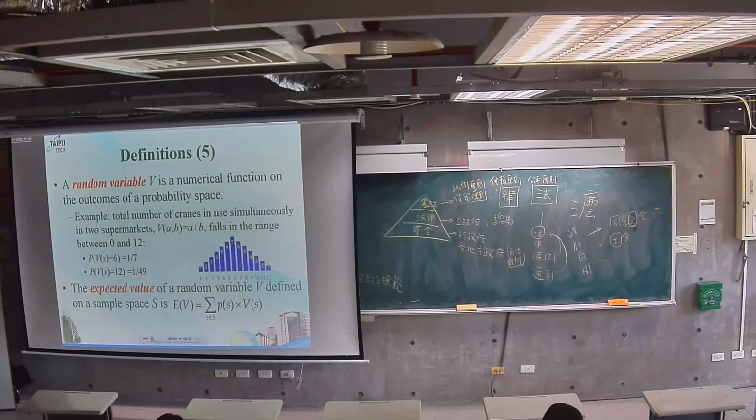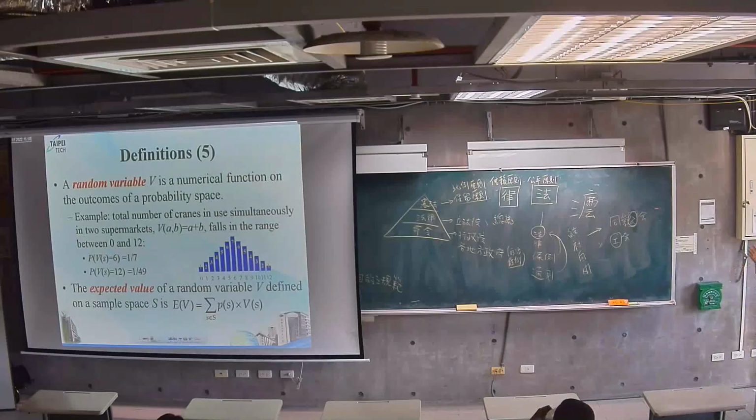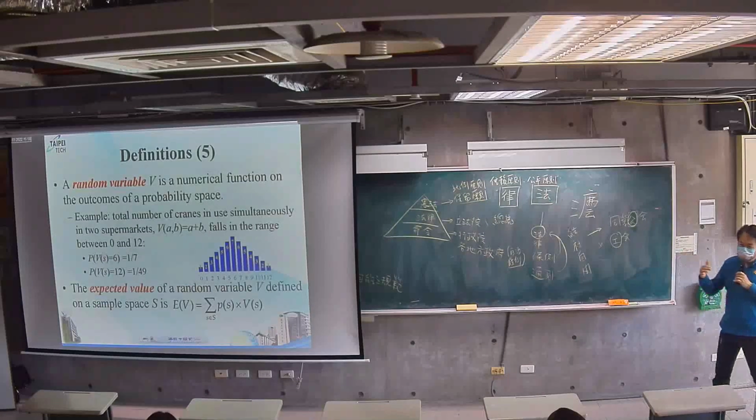So do not mix up the probability and the random variables. These are 2 totally different things. With these random variables, we also can have the idea of the expected value.